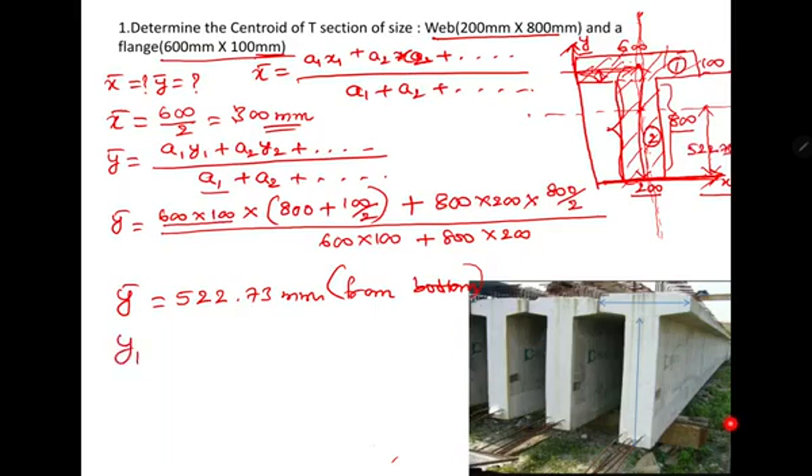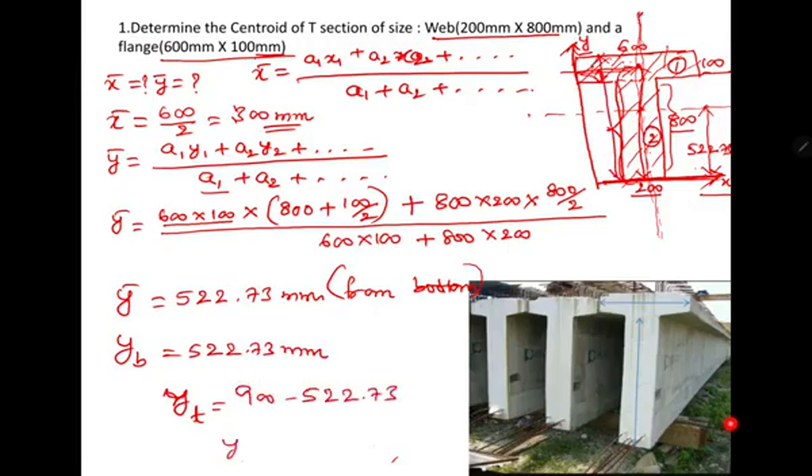I can write that as y bottom, which is 522.73 millimeter. Next, y top is the total depth, 800 plus 100, that is 900, minus 522.73. So y top is equal to 377.27 millimeter. These are the distances from the centroid. So this is the centroid at a distance of 522.73 for this plane figure.